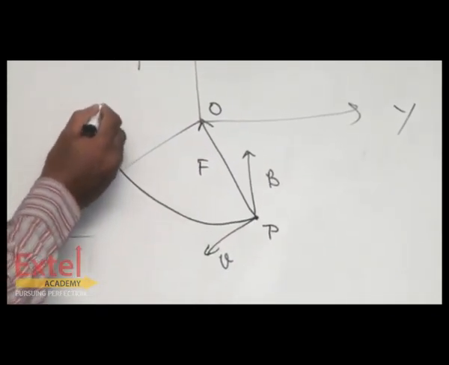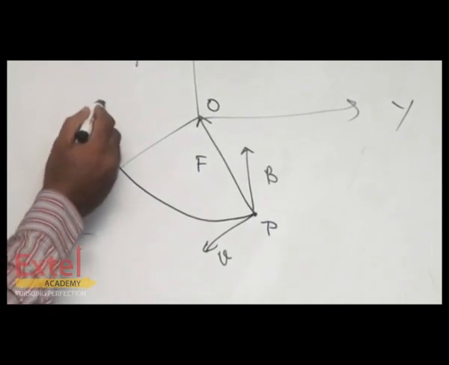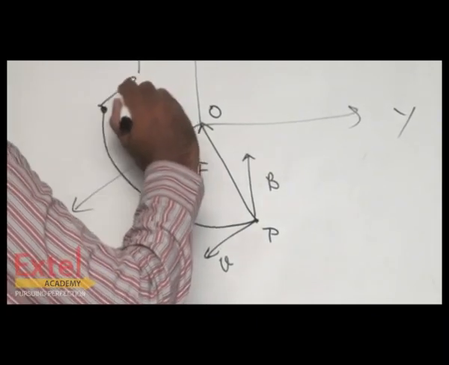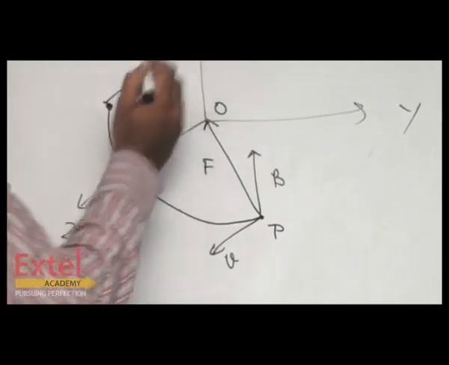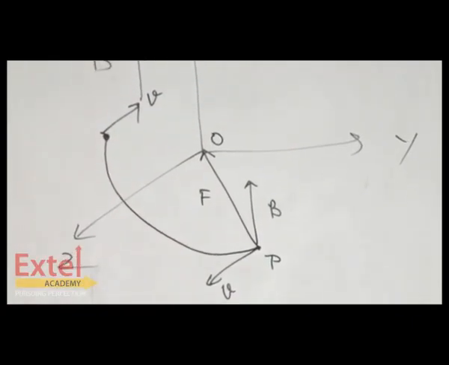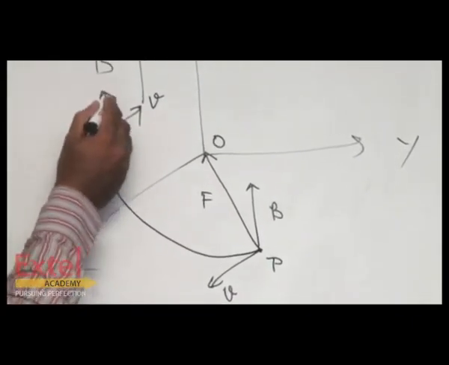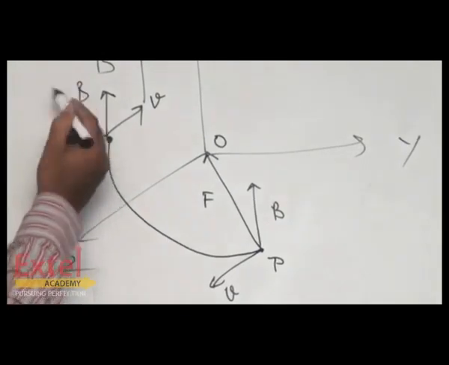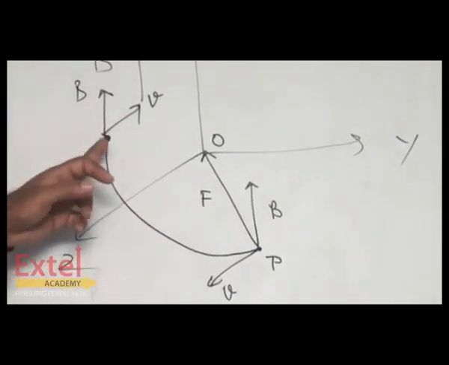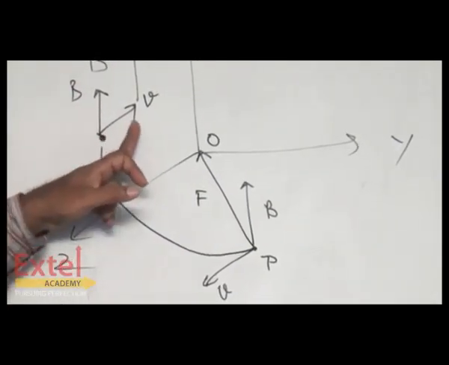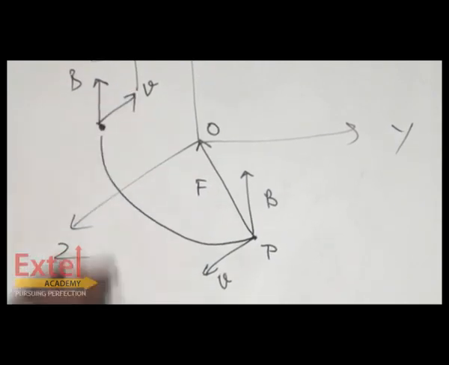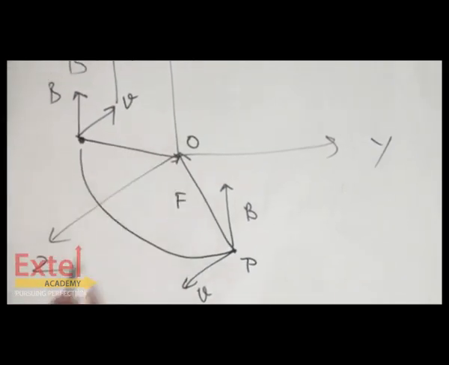When the particle comes over here, the velocity will be pointing like this. The magnetic field is pointing upward, but the force acting at this point, perpendicular to both v and B, will be pointing towards the center.